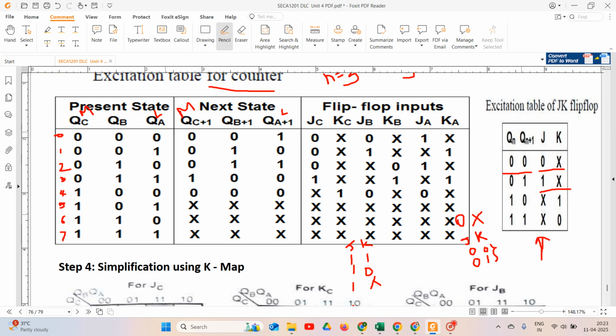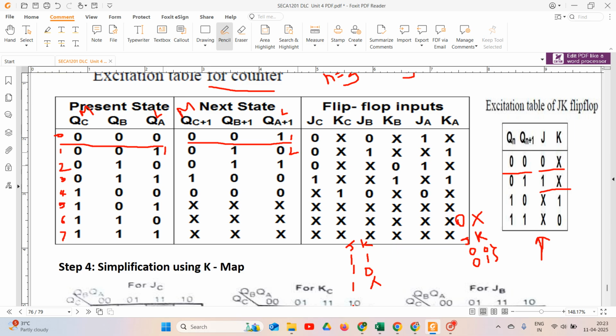So we will come to the excitation table for the mod 5 counter. This is my present state and this is my next state for each flip-flop. My present state output is 0, my next state output is 1. Similarly, my present state output is 1, my next state output is 2.